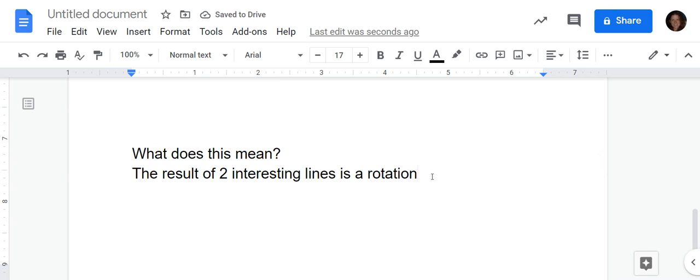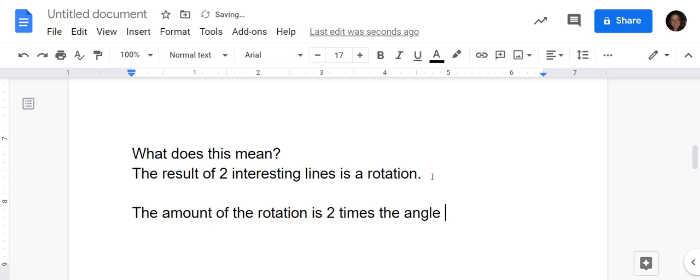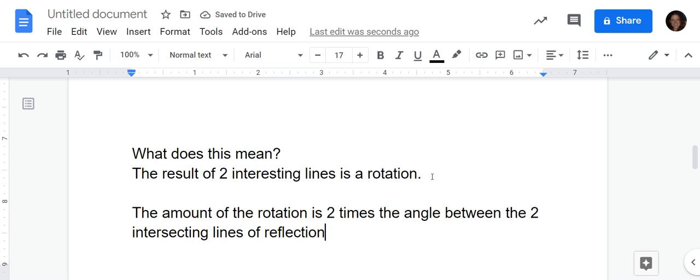So the result is a rotation, and the amount of the rotation is 2 times the angle between the two intersecting lines of reflection. Okay? So the amount of rotation in between the two lines, that angle, if we double that, that is going to be the amount of rotation we want.